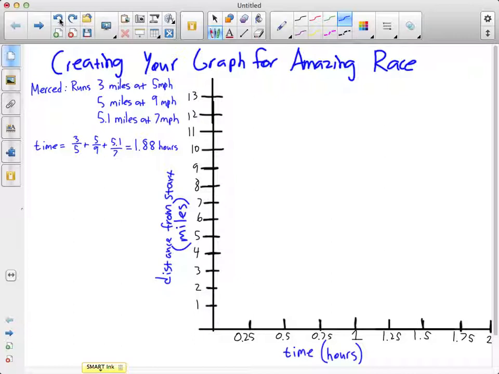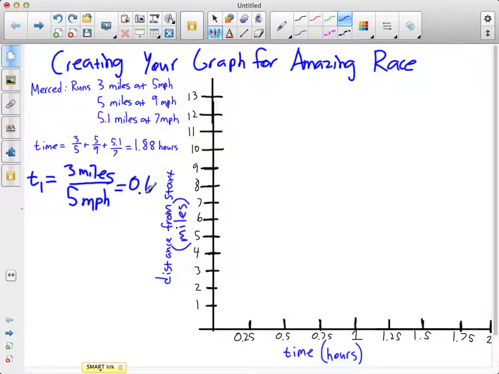So the time for the first part is going to be 3 miles at 5 miles per hour, and that's 3/5 or 0.6.